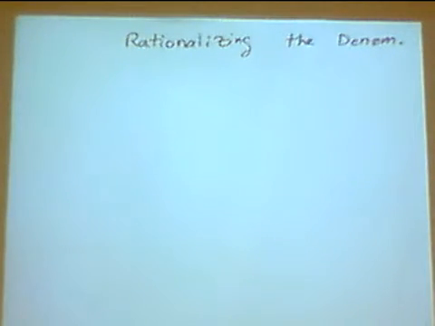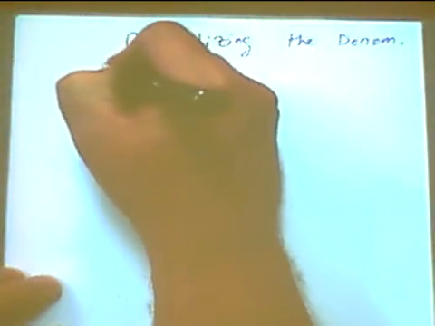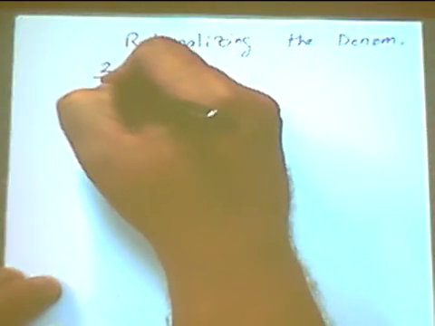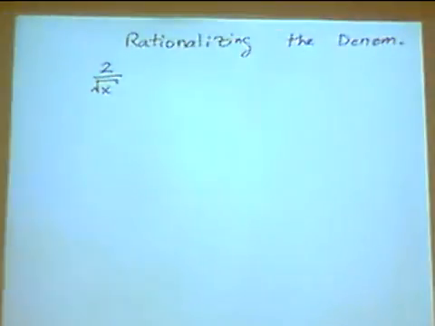So for instance, in a minute, we're going to go through how to rationalize this denominator. The problem is, you notice we have a square root of x in the denominator. In the math world, they do not want us to leave a radical in the denominator of our answer. So we have to get rid of that radical.